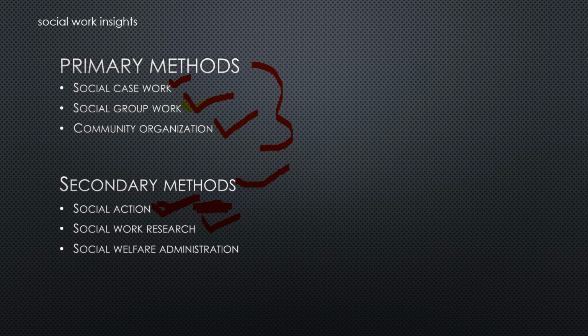The second method in secondary methods is social work research. So what is social work research? Social work research means let's examine issues like domestic violence, child abuse, migrant labor, etc. In order to understand these problems, we must have a scientific and systematic method to find out their various causes and solutions.